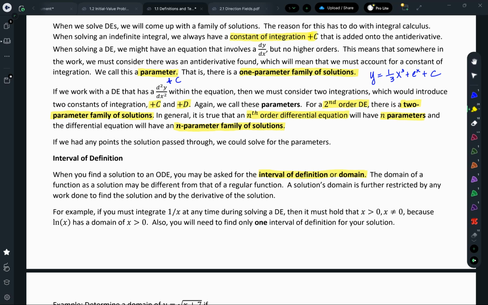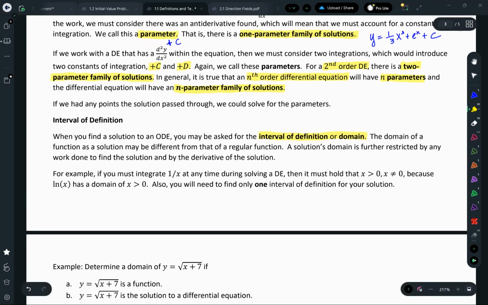So the domain of a function as a solution might be different from that of just a regular old function. A solution's domain is going to be further restricted by any of the work done to find the solution and by the derivative of the solution. Just for an example really quick, if we were to integrate 1 over x, just looking at 1 over x, I know it's not defined at 0. 0 is a bad guy.